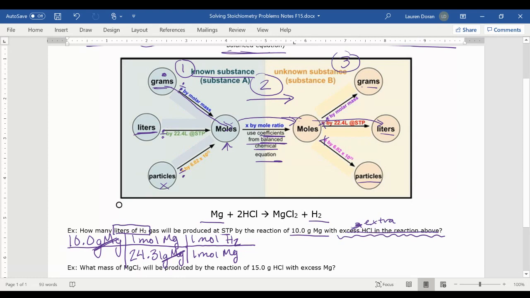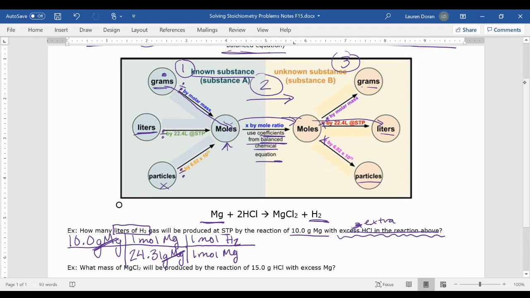Chemists are lazy. We don't need to write a 1 there. Just by writing the formula tells us we have one of them. We'll only indicate if we have more than one. So for every 1 magnesium atom I put in, I'm going to get 1 molecule of H2. Or for every 1 mole of magnesium I put in, I'm going to get 1 mole of H2 produced.